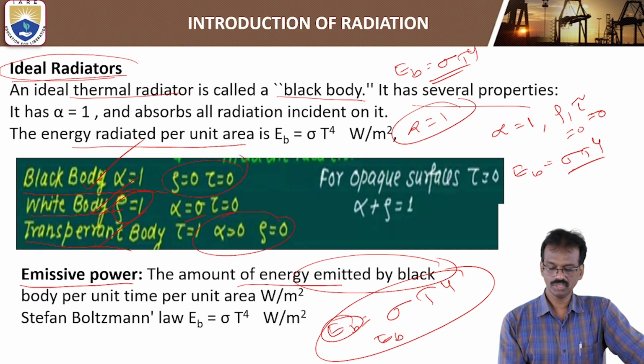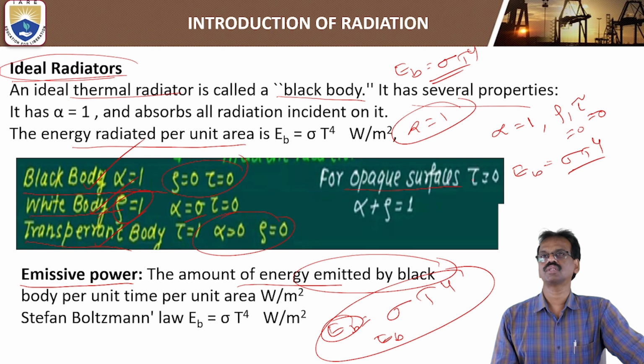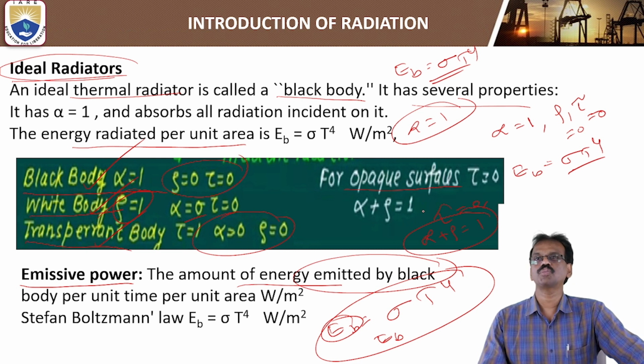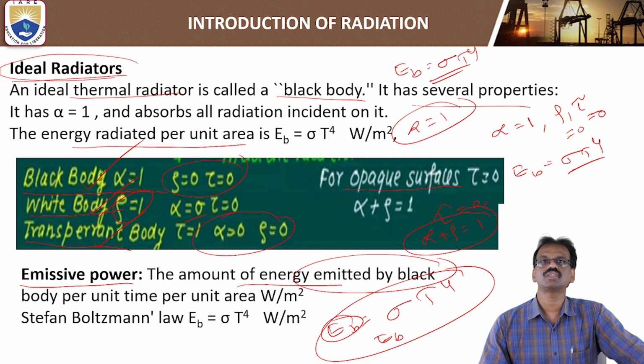Okay, so we'll also see opaque surfaces, opaque bodies. There is no transmission, so tau is equal to 0, and of the remaining portion, some will be absorbed and some will be reflected. So alpha plus rho is equal to 1. This type of body is called an opaque body, like metals. So based upon absorption, reflection and transmission, we can classify the bodies.